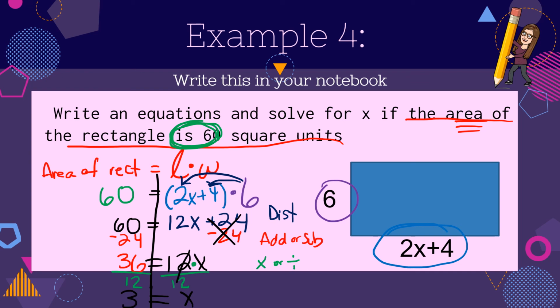Now, it doesn't matter mathematically. It's more of proper form, if you will. It is best to write your variable first. X equals 3 would then be my final answer. Now, take a snapshot in your brain of this problem, because you're going to see something just like it again soon.